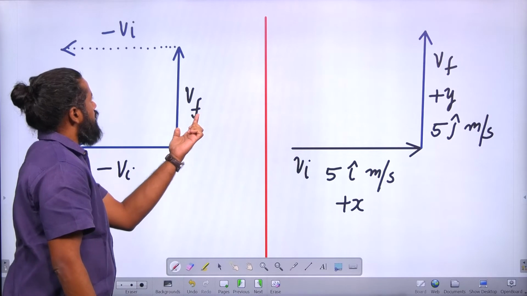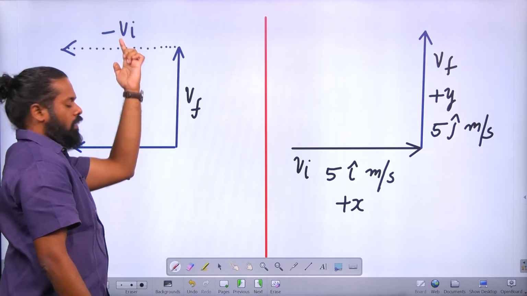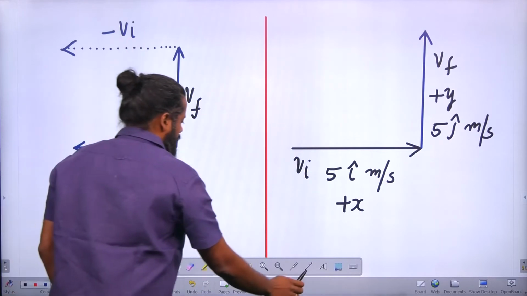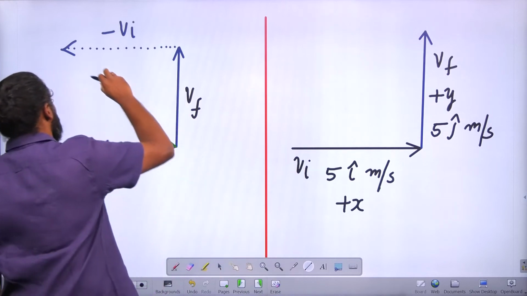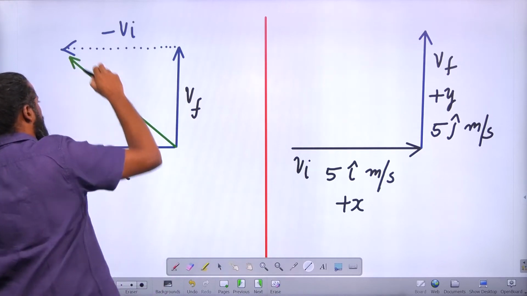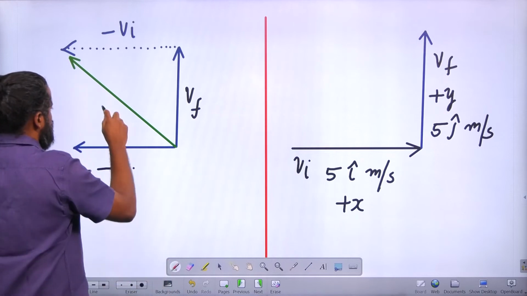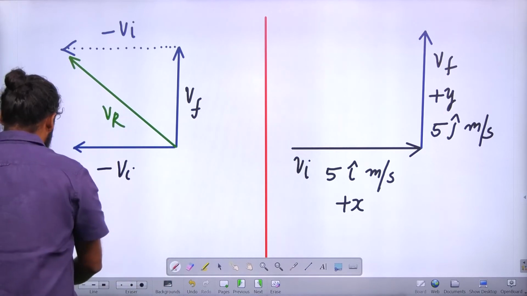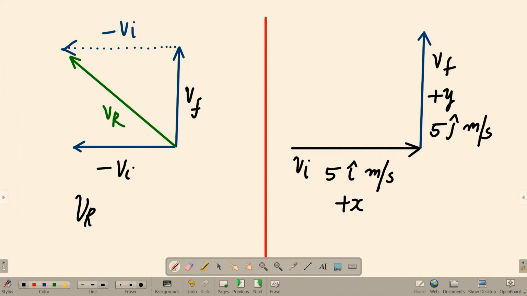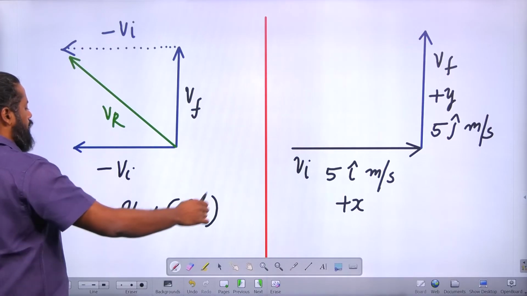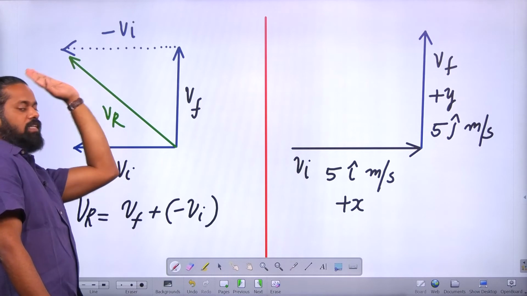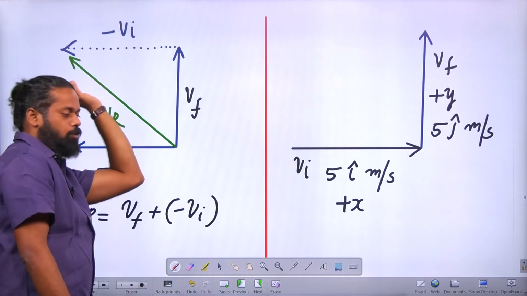If Vf is added with minus Vi, you will get the resultant in this direction, by the triangular law of vector addition. So, assume this is V resultant. V resultant is equal to V final plus minus of V initial. This is what you have to calculate. So, basically V resultant is in this direction. That is the main point we are trying to find out.